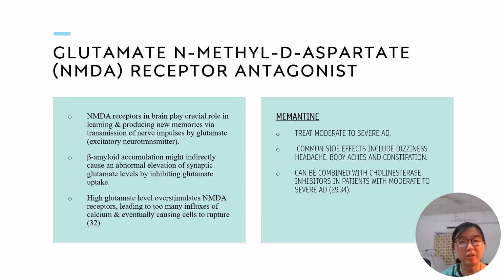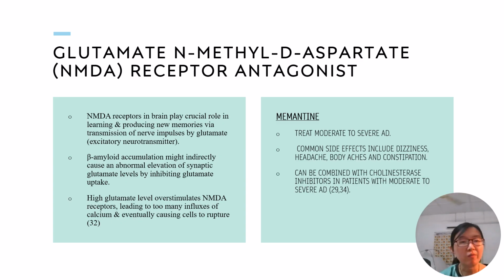The other type of traditional pharmacotherapeutic choice is known as the NMDA receptor antagonist. The NMDA receptor in the brain plays a crucial role in learning and producing new memories via the transmission of nerve impulses by glutamate, which is an excitatory neurotransmitter.